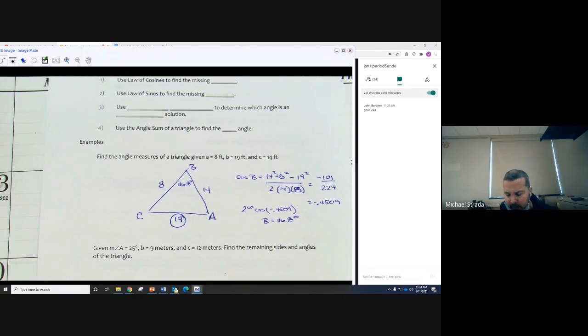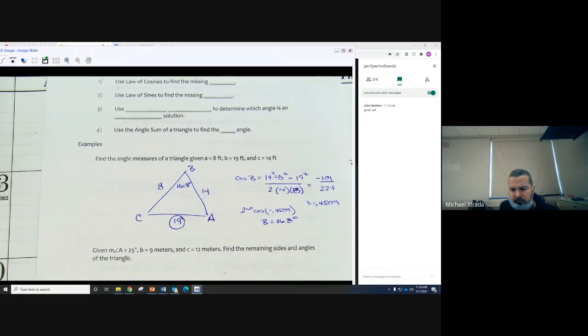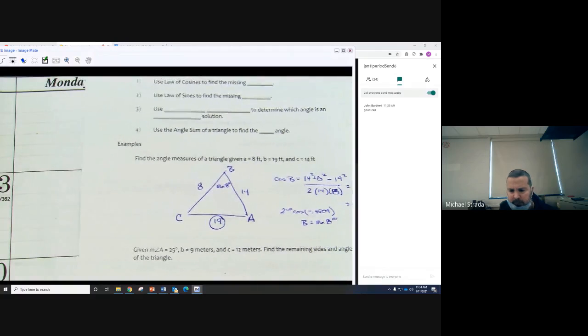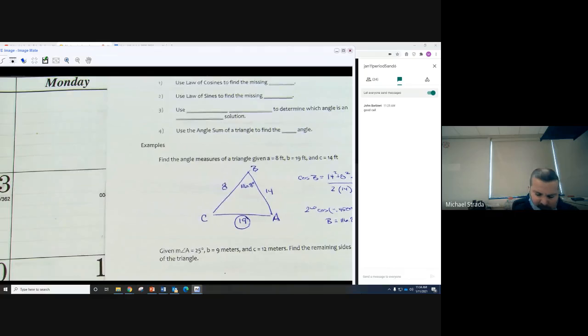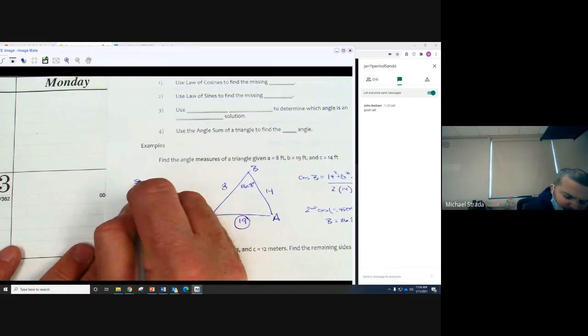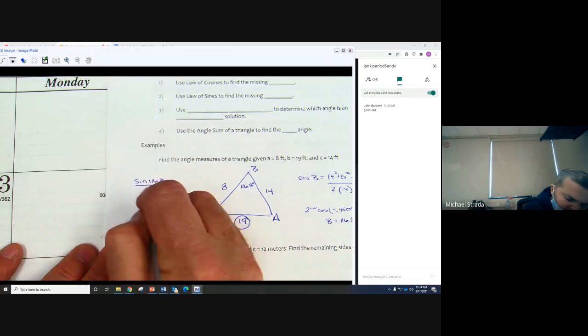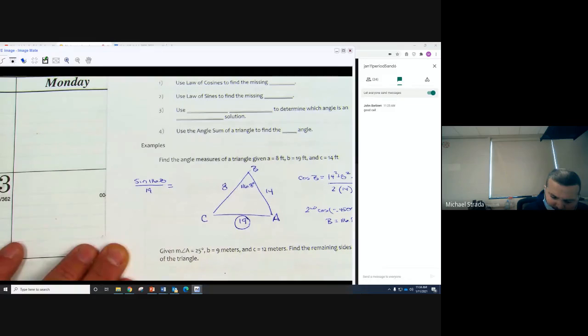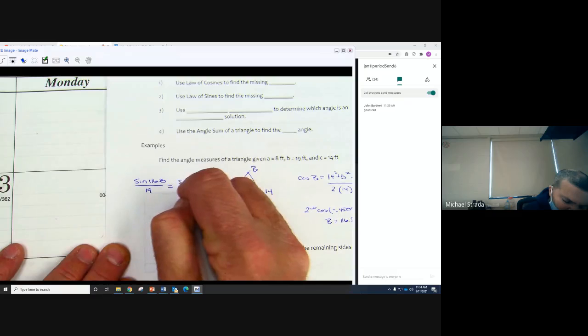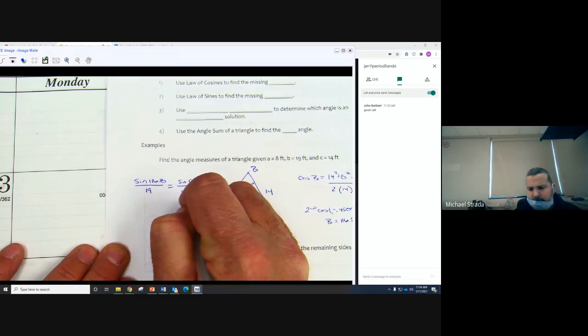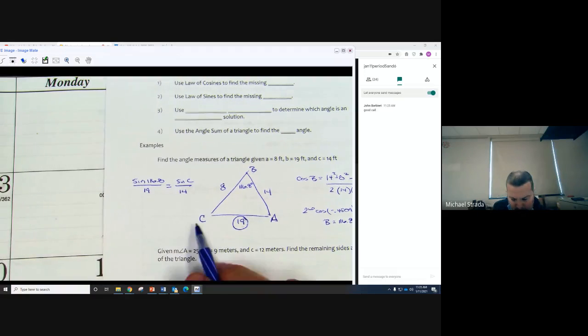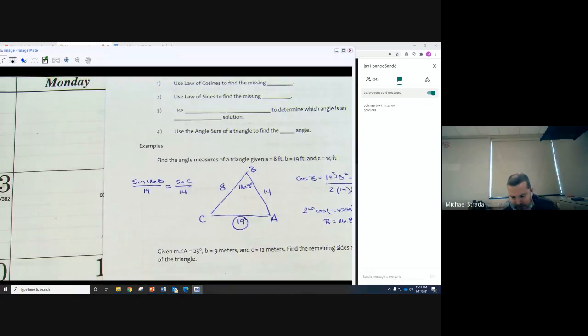All right, everybody good with that? Because that's what's new. This second angle can be found using the same thing we did last week, law of sines. So the sine of 116.8 over 19 equals, and you can pick either angle you want, sine of C over 14. Not going to matter, as long as you pick the side that's opposite the correct angle.